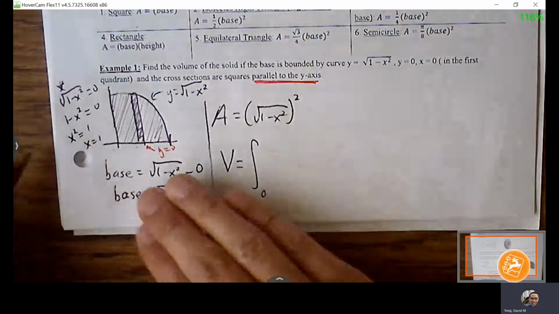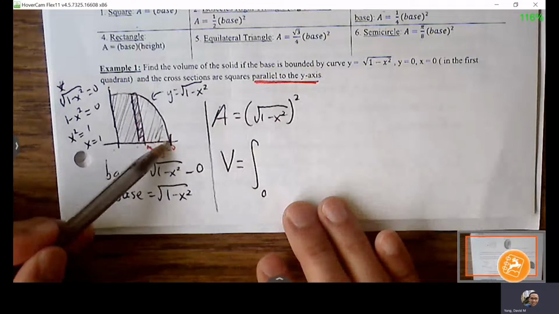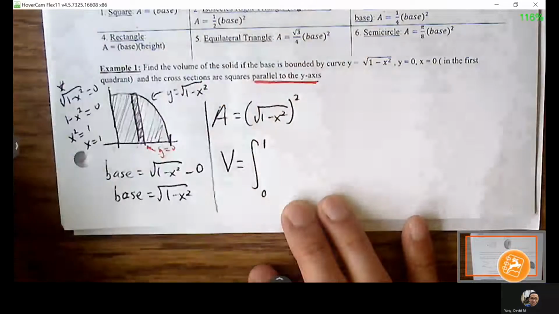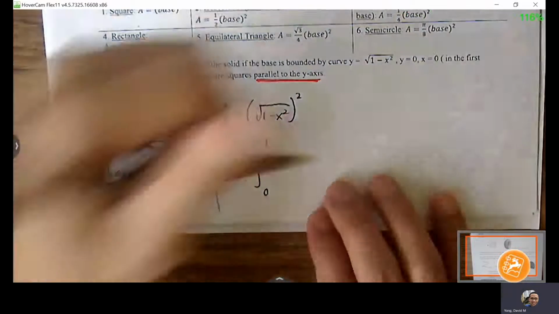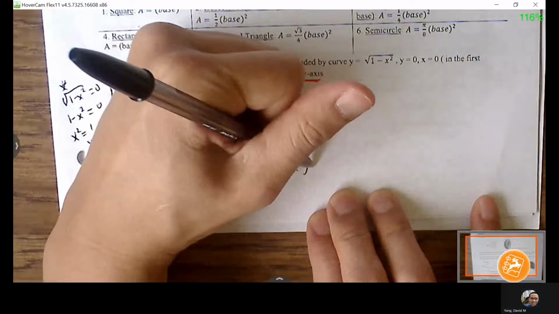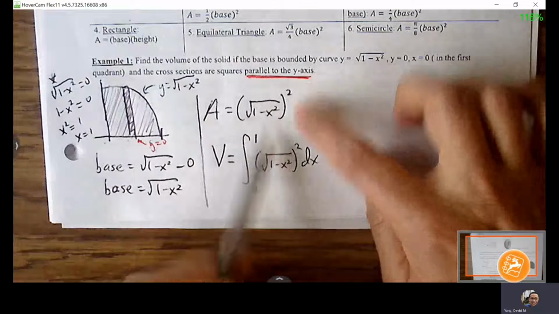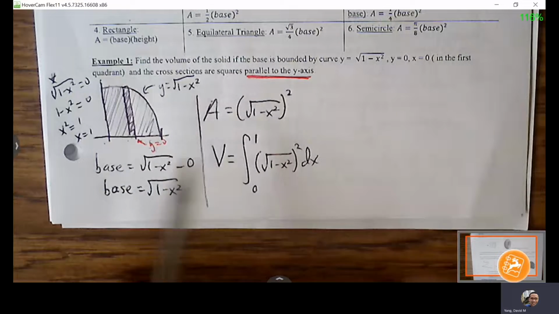Okay, -1 is going to be on the other side of the semicircle, but +1 will be the one that makes sense for us. Okay, insert the area component into your integral notation. You can drop the square root in the square if you want, but either way, you can enter it into the calculator.